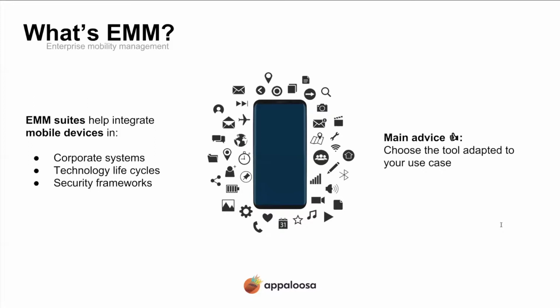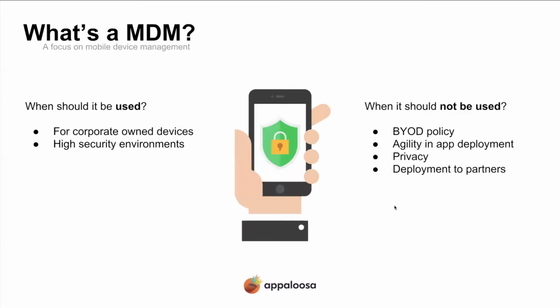So let's have a look at the two types of tools to see what types of use cases they apply to. The first tool is what we call an MDM, a mobile device management tool. They take a device approach in controlling and securing the whole smartphone and tablet. They take full control of the device.